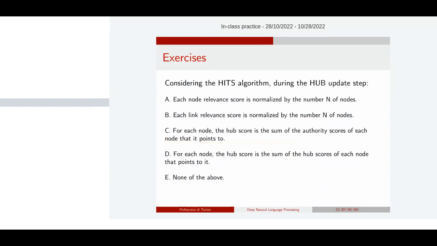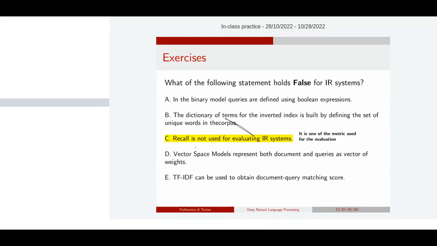In the binary model, queries are defined using Boolean expressions. This is what binary models do. The dictionary of terms for the inverted index is built by defining the set of unique words in the corpus. That's how the dictionary is created. C is false, so it's the correct answer.